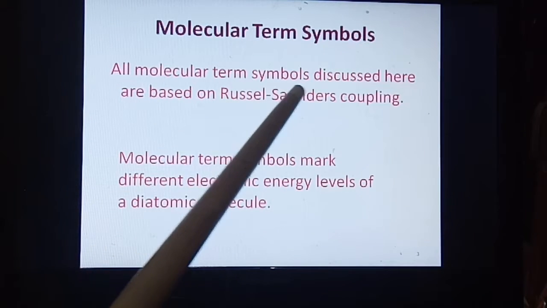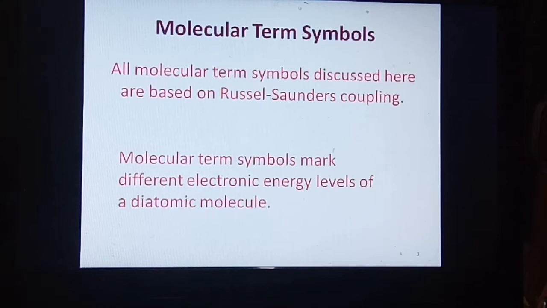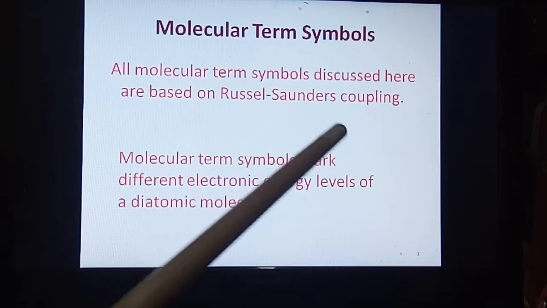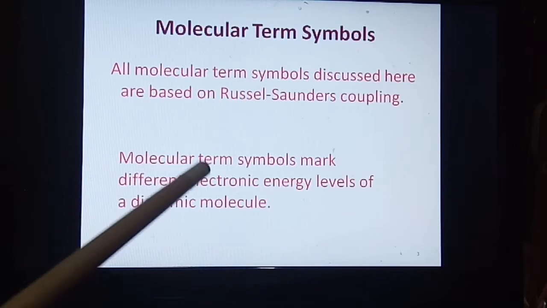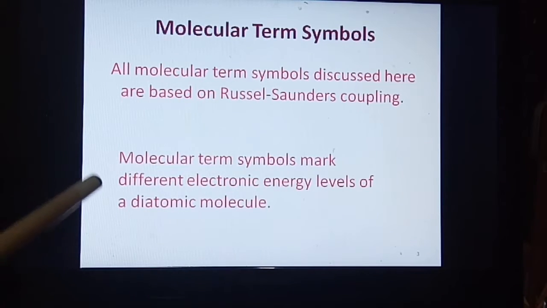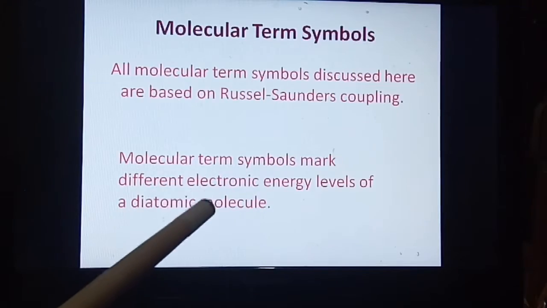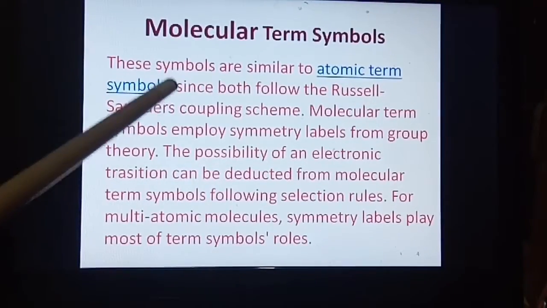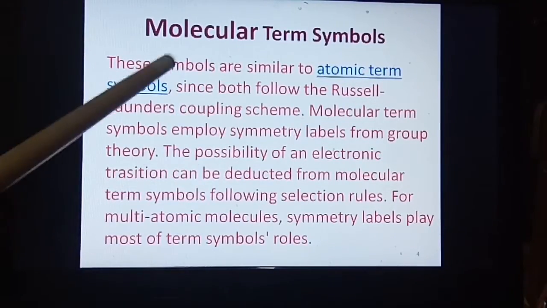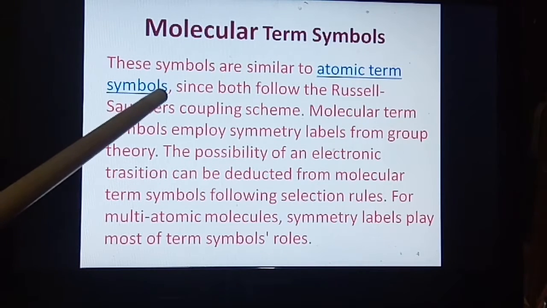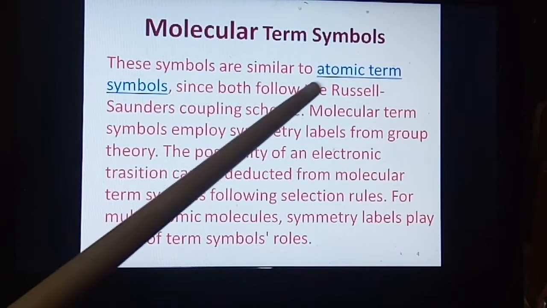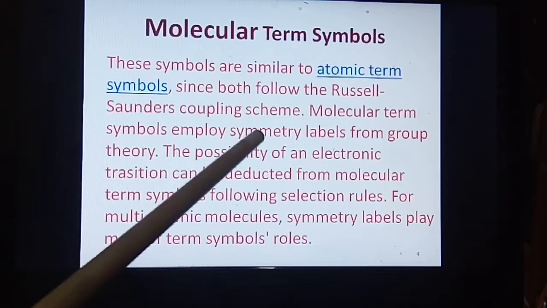All molecular term symbols discussed here are based on Russell-Saunders coupling. Molecular term symbols mark different electronic energy levels of a diatomic molecule. These symbols are similar to atomic term symbols since both follow the Russell-Saunders coupling scheme.